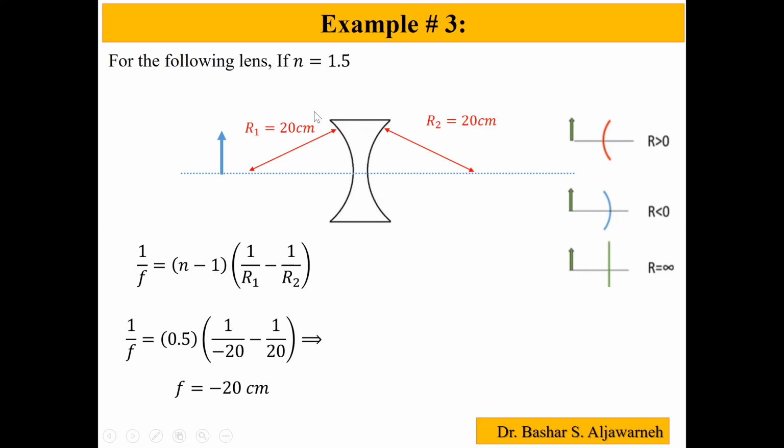So clearly the front surface here is concave, so it should be 1 over minus 20, and the back surface here is convex, so it should be 1 over 20. Do your calculations, you will end up with focal length equals minus 20 centimeter, and this shows us that the focal distance of the concave lens should be negative, which means the focal point is not a real point, it's an imaginary or virtual point.